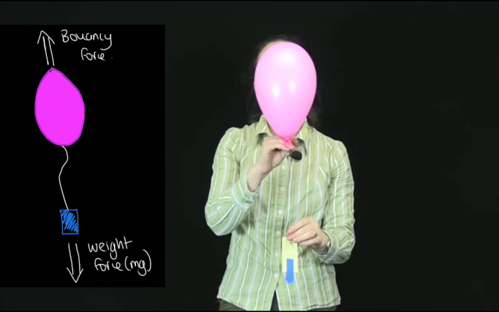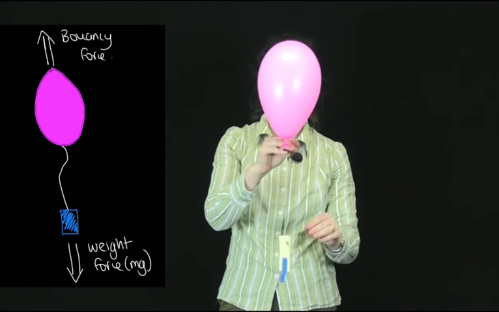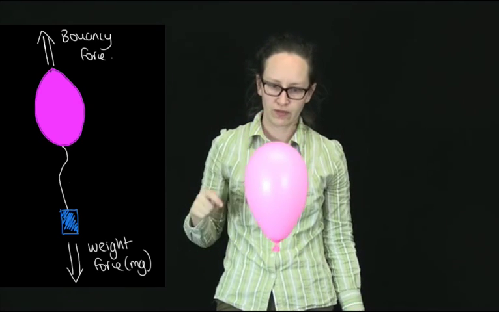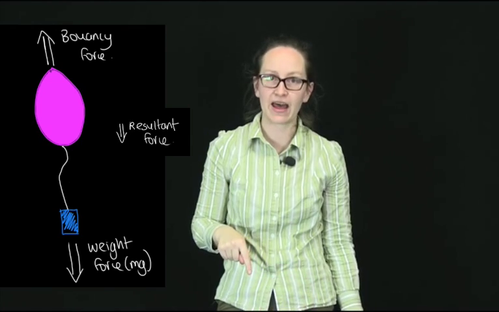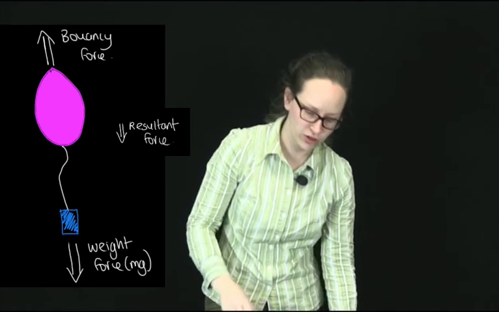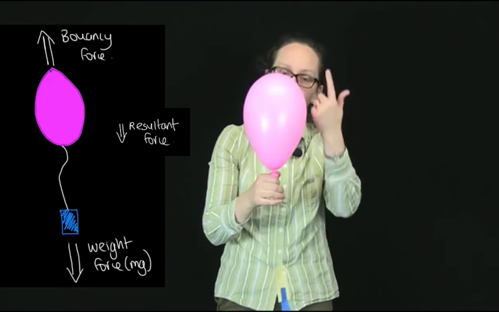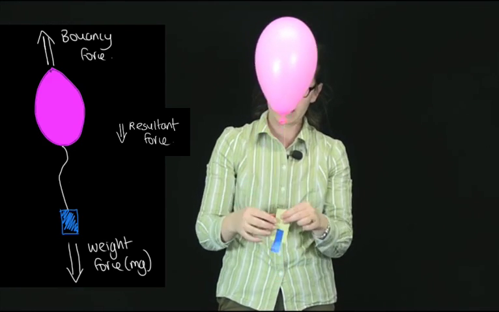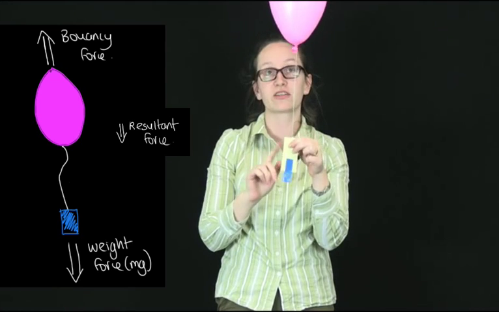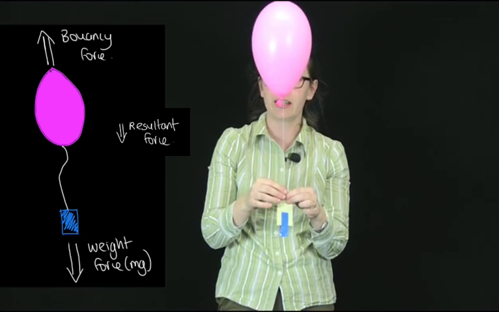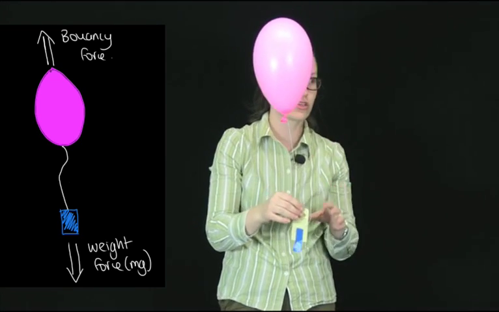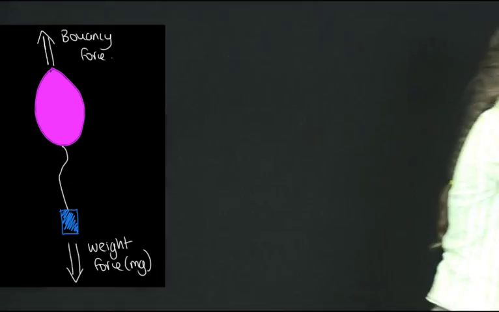There we go. So now when I let go of the helium balloon, it's slowly accelerating downwards as the weight force, the downwards force, is now larger than the upwards buoyancy force. So what we can do now is snip off little bits of the cardboard to decrease the weight force until these two forces are equal.